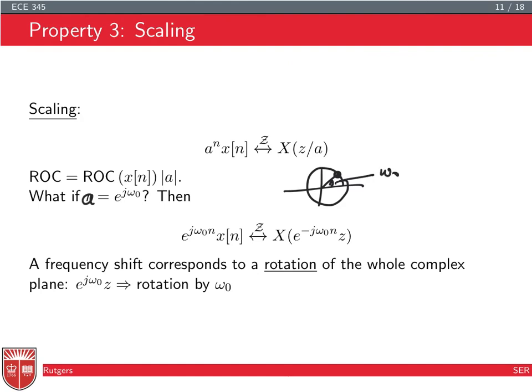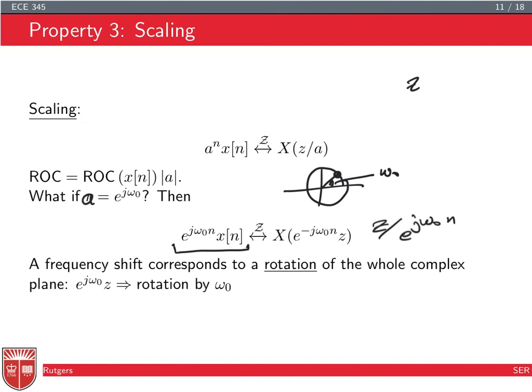Then when you multiply the signal by e to the j omega 0 n, this is a formula that may be more useful than the general formula. Then the z transform is x of e to the minus j omega 0 times z. Because this is z by e to the j omega 0. So what you're doing is actually rotating the z plane.